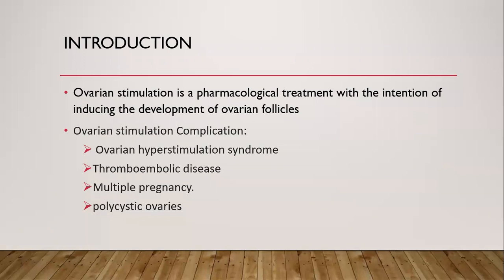And this itself comes with some complications, which include ovarian hyperstimulation, we call it OHSS. It can also bring about embolism, thrombotic diseases, multiple pregnancies, as well as polycystic ovaries.